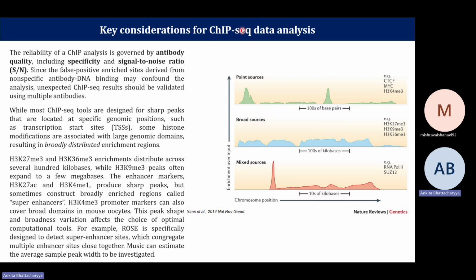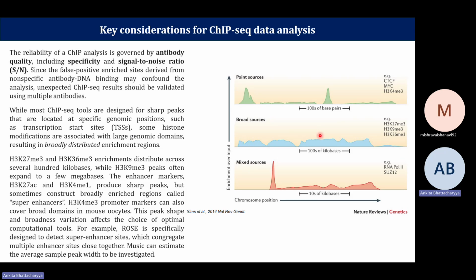The most commonly used tool for this is MACS2. When you are running that code, you should mention whether or not the peak you expect is broad, or if it is a point or narrow peak. That is going to completely differentiate your results, because if you consider data like this, it will look like there has been no enrichment at any point at all, which is of course not the case and would give you false results.